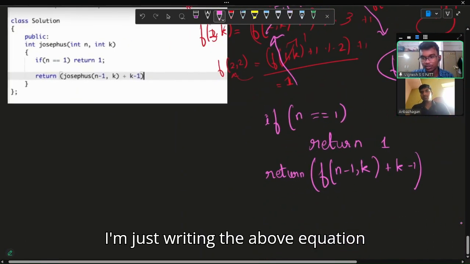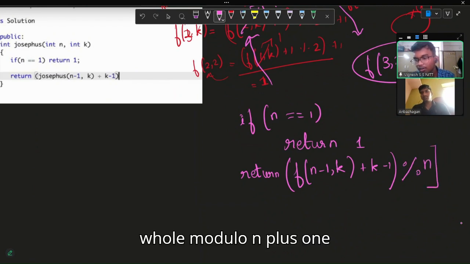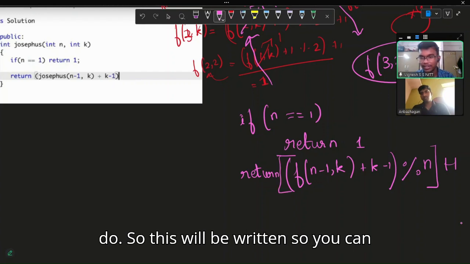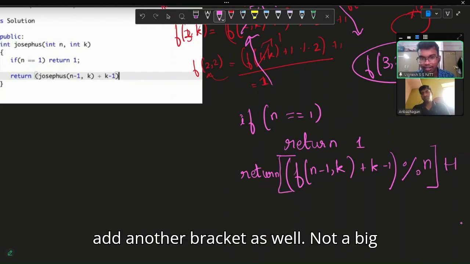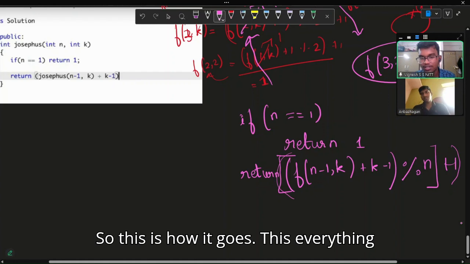I'm just writing the above equation. You can add another bracket as well for the plus 1, not a big issue. So this is how it goes.